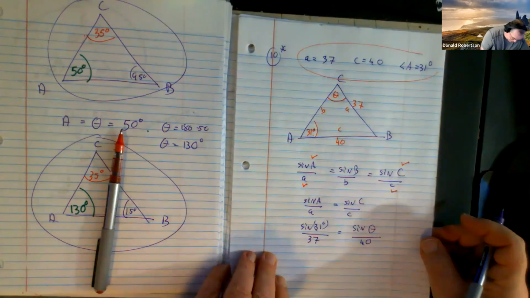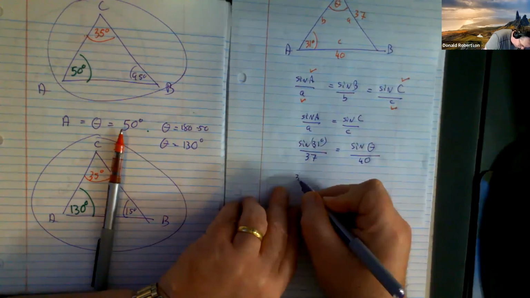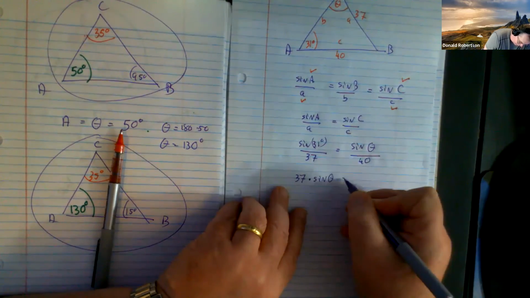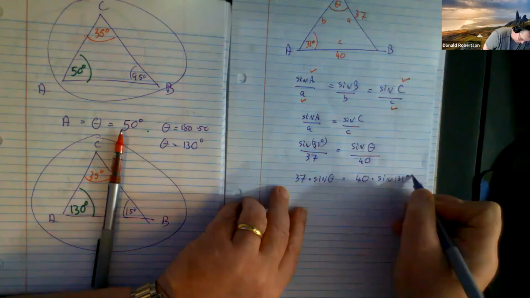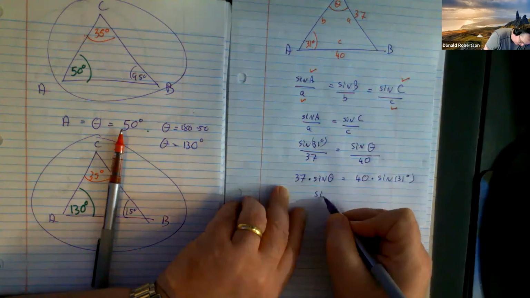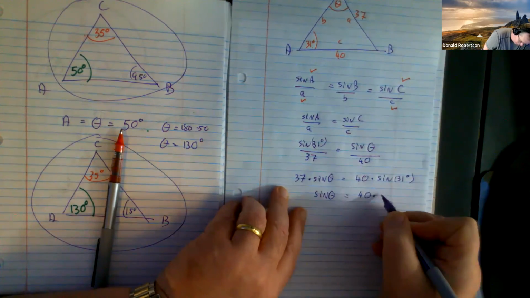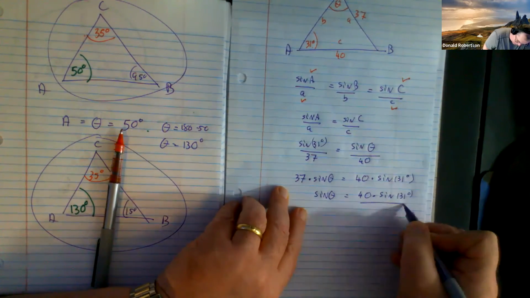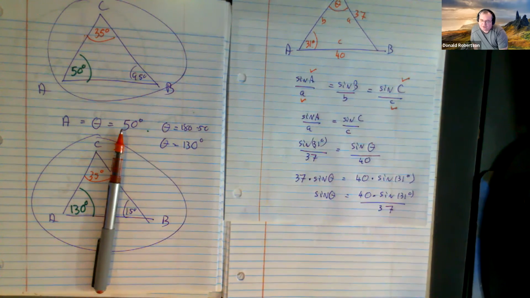Okay. Next line. 37 times sine of theta equals 40 times sine of 31 degrees. And that makes sine of theta, when you divide both sides by 37, equal to that guy. Can I just do an inverse sine around that rather than doing the decimal?